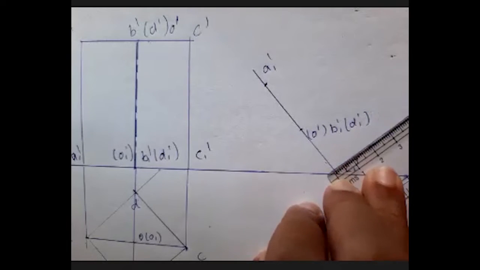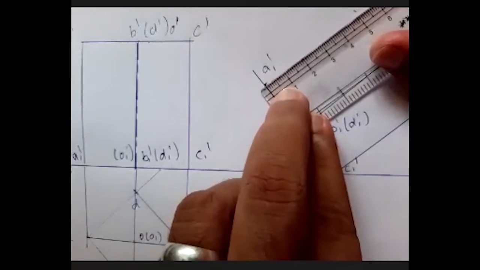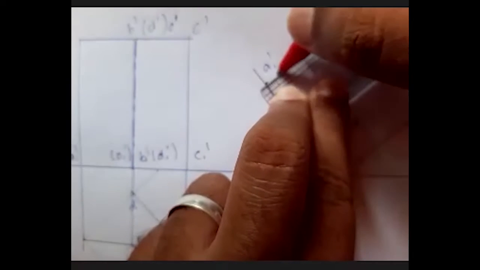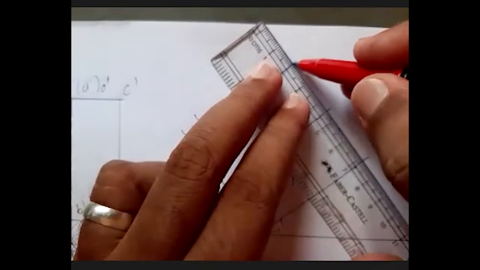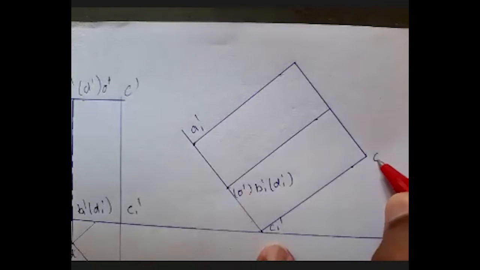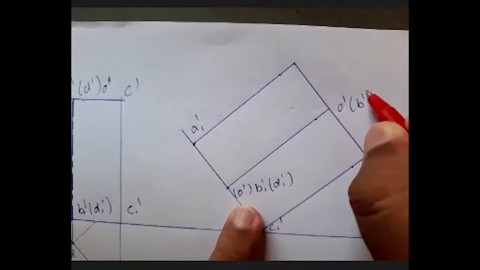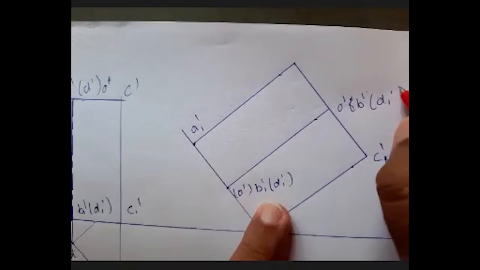Then I join this line. So this point is C dash, this point is O dash, B dash, and within the bracket D1 dash.